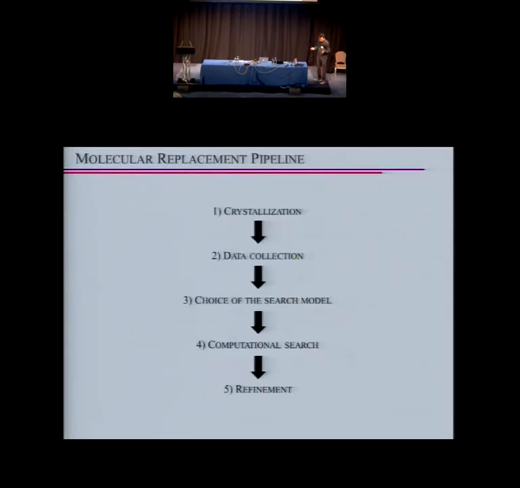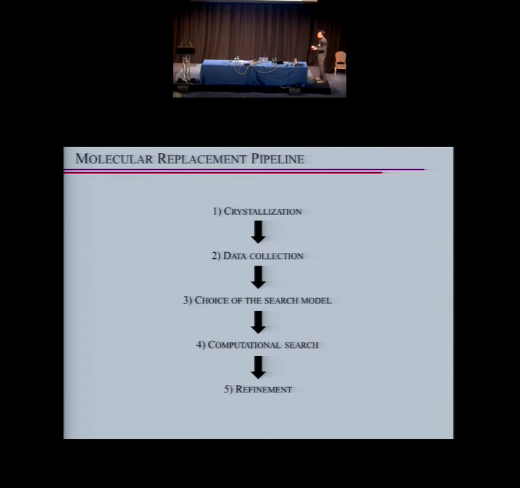So in general, an approach for molecular replacement work on nucleic acids consists of the following steps. The target has to be crystallized, data has to be collected, and then a suitable model needs to be chosen for performing the molecular replacement search, and the solution needs to be then refined.